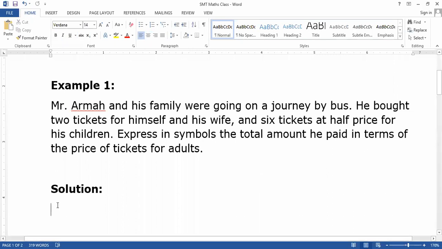So in solving this, all they are trying to say is that Mr. Ama decided to travel with his whole family.